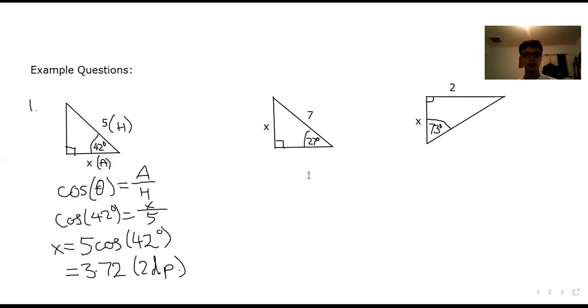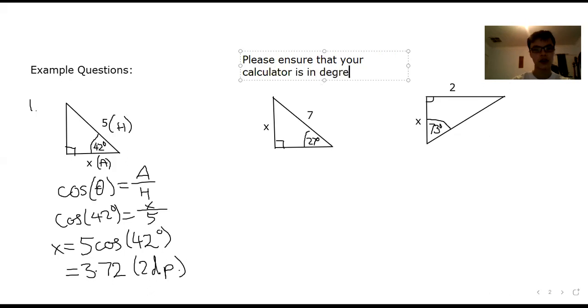Also, another really important thing that we need to take into account is that we need to ensure that our calculator is in degrees mode, right? So I'm just going to type this down. Please ensure that your calculator is in degrees mode when finding side lengths in trigonometry.